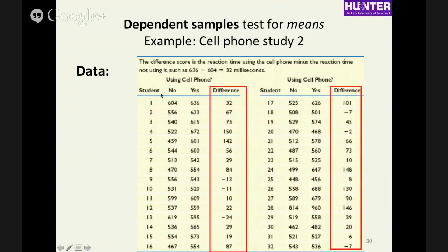And so if you did it this way, you would record their reaction times with and without, and then take the differences. And you would do a one sample test on these differences against the null hypothesis that that difference is 0.